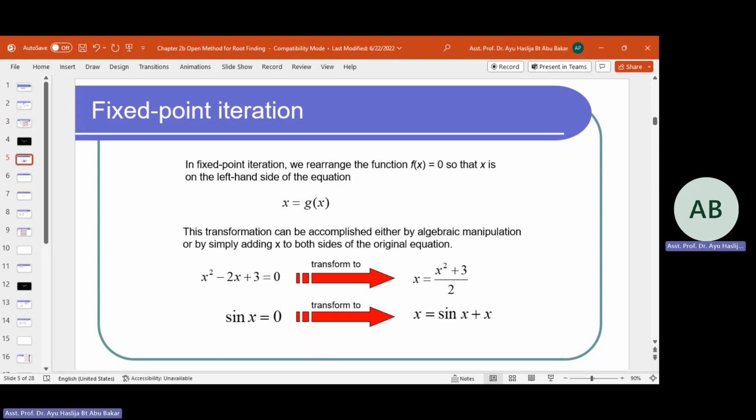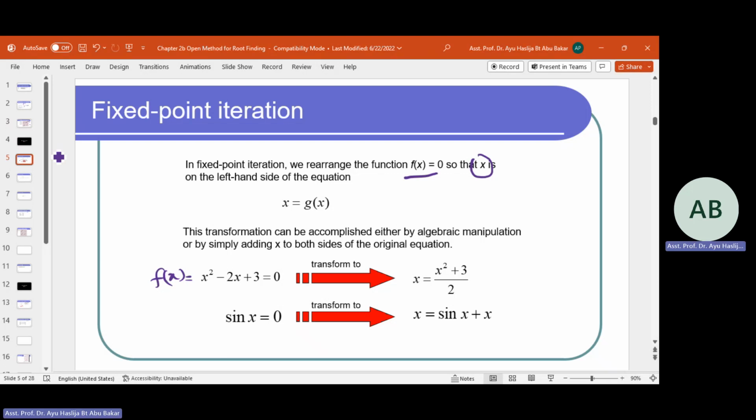Now in fixed point iteration, we rearrange the function f(x) equals 0 so that x is on the left hand side. Okay, last time you have, let's say, f(x) equals this. For bisection and false position, we use this equation.